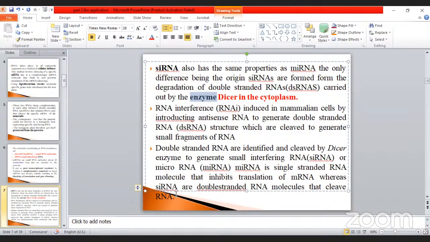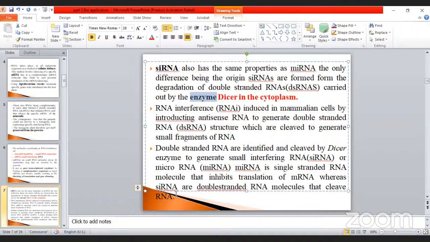Here you must note it down: siRNA and miRNA, two things that are very, very important. siRNA acts only in the presence of dicer. When those two act upon RNA molecules, they inhibit the translation process.